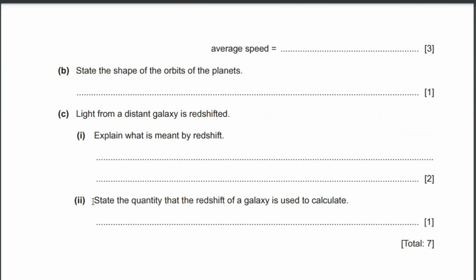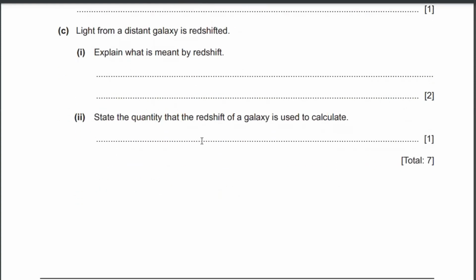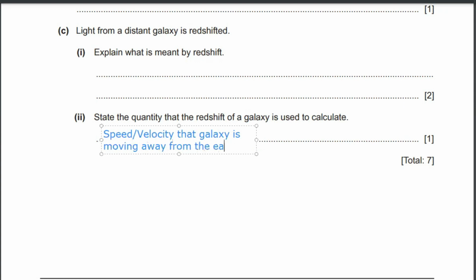Next question is the last one: state the quantity that the redshift of a galaxy is used to calculate. The quantity that the redshift calculates is the speed, and more precisely it should be velocity because there is a direction associated with the galaxy which is moving away from Earth. So it is the speed or velocity at which the galaxy is moving away from the Earth.